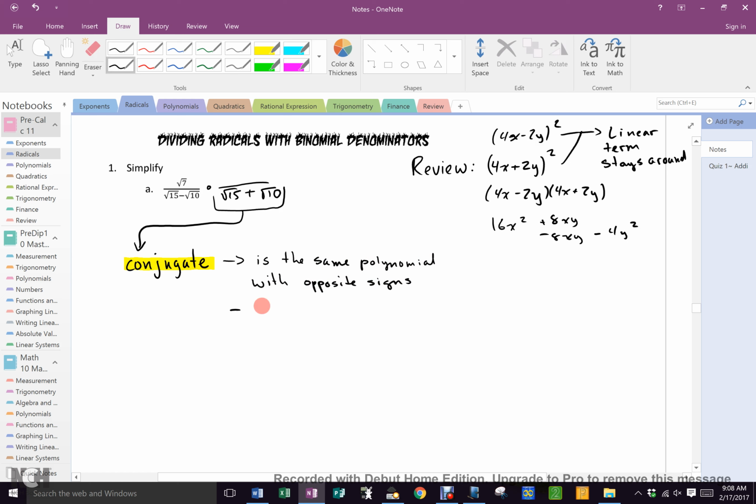And the point of it is to get some terms to cancel. And it's a part of rationalizing the denominator.